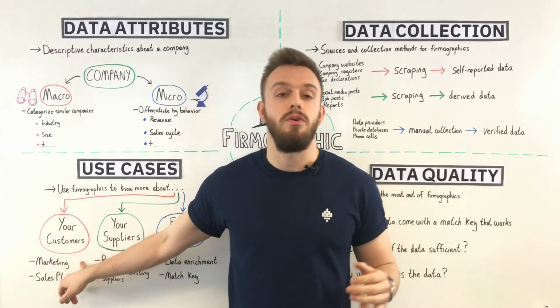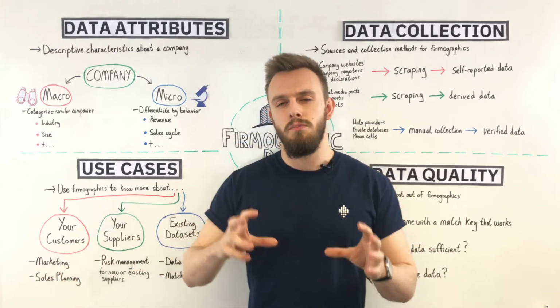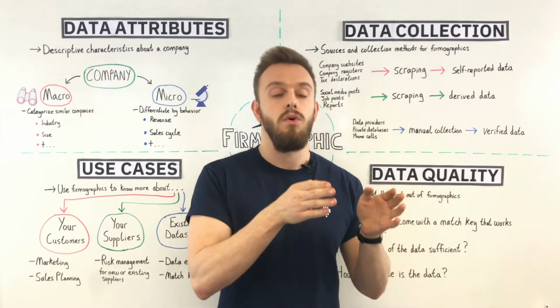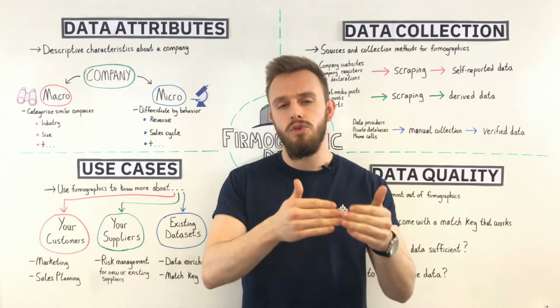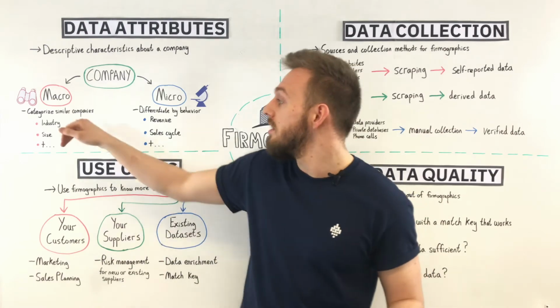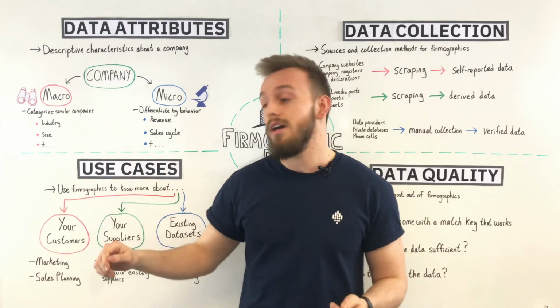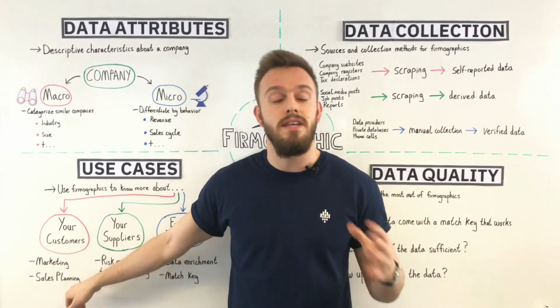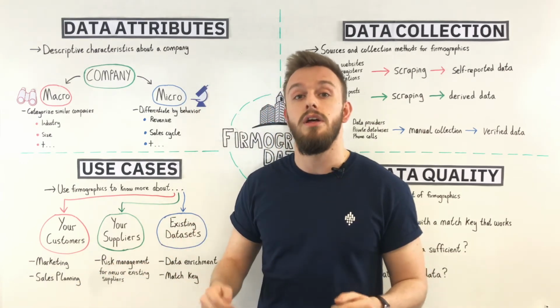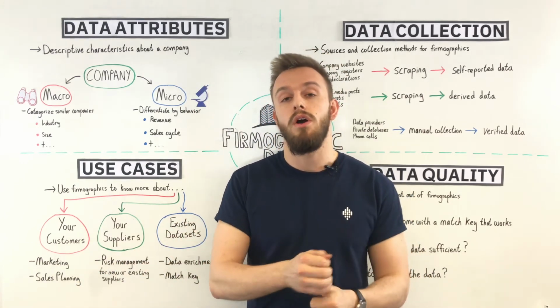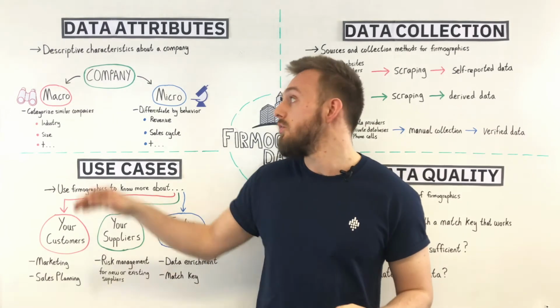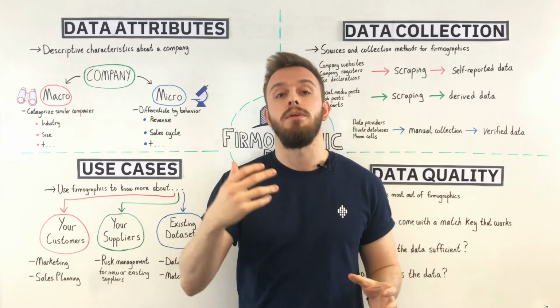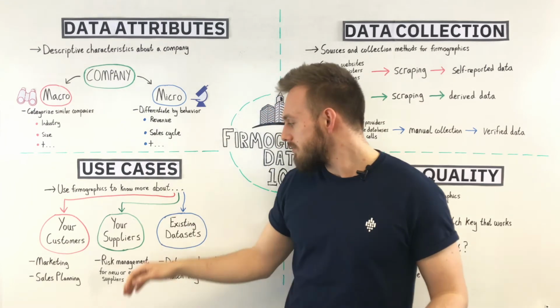So when you're interacting with your customers, this could be helpful for segmenting your B2B audiences when doing marketing, so knowing who to reach out to properly depending on the industry that they're in or the size of the company. And then when it comes to sales planning, once they're actually in your funnel, you can also approach properly, forecast, and set appropriate targets according to the type of company that you're interacting with.